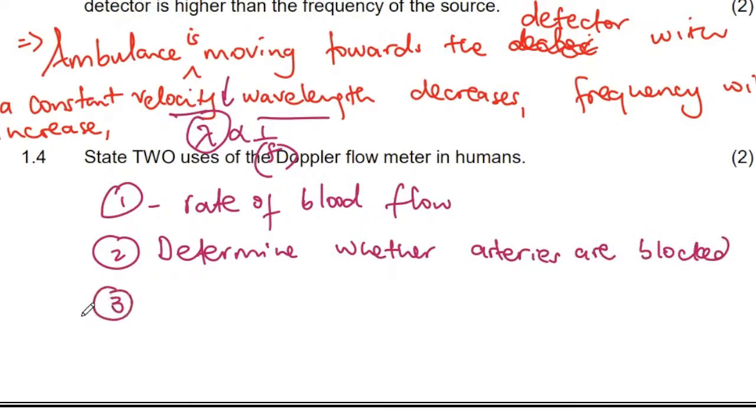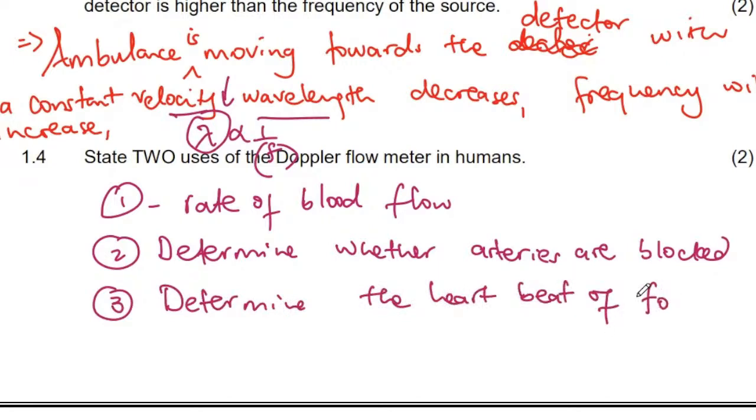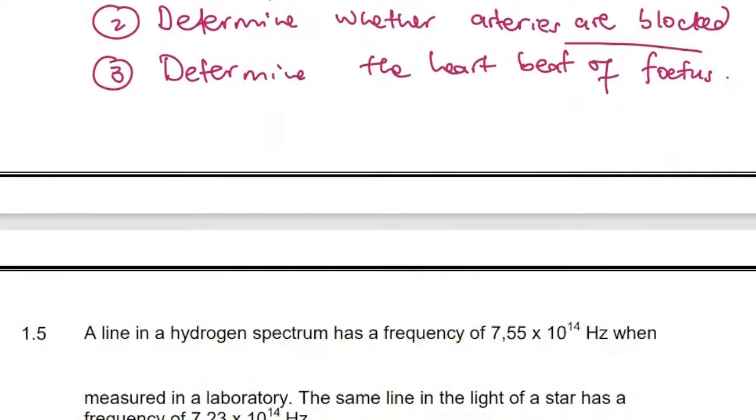And number three, it can be used to determine the heartbeat of the fetus, the unborn baby. So determine the heartbeat, determine whether arteries are blocked, or determine the rate of flow of blood. Any two will be fine.